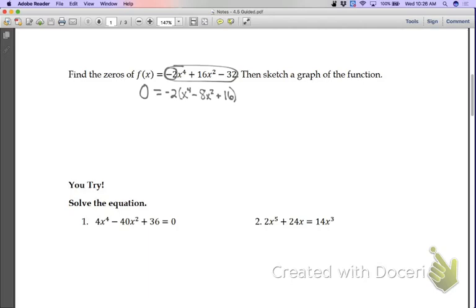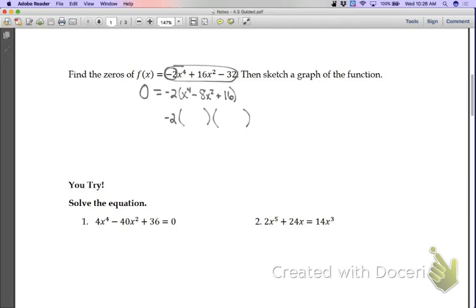Again, just kind of goes back to that completely factoring. Can I completely factor this? Can I factor the x to the fourth minus 8x squared plus 16? Can it factor again? Yeah, but since it's an x to the fourth, it's a negative 2 still.